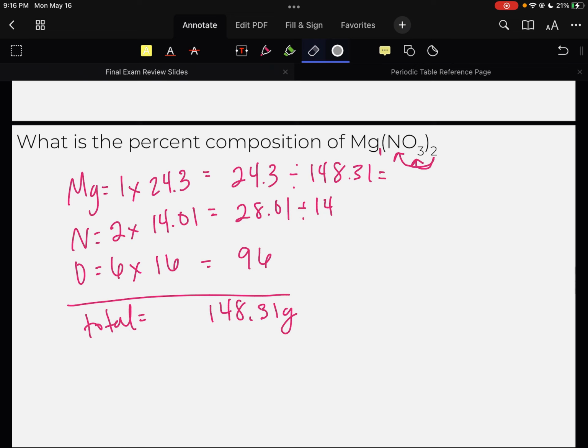Same thing here. Divide by the total. And then same thing for my oxygen, divide by the total. So you can think of it kind of like 3 different people. These are their different parts, and then divide by the total to get the percent. You will have to multiply by 100 at the end because you'll get a little decimal. So you'll have to move your decimal place 2 places over.